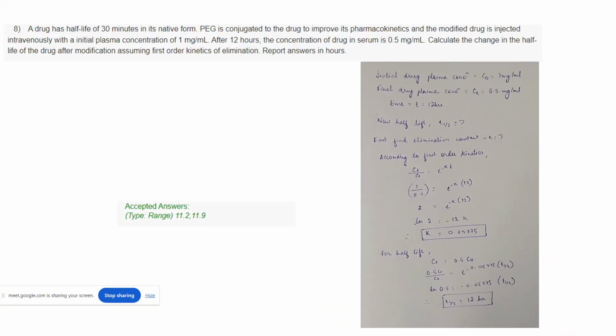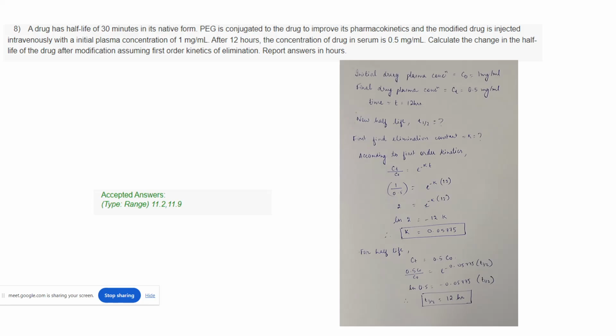Okay. Let's look at the answer. It would be between 11.2 to 11.9, but I've gotten an answer of 12. So if you're getting something like this, you can always raise a concern. Here the initial concentration is 1 mg per ml. So C naught would be 1 mg per ml, and after 12 hours, T equals 12 hours, the concentration, that is CT, would be 0.5 mg per ml.